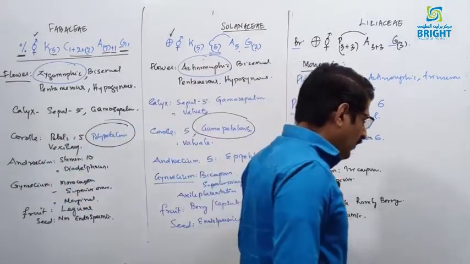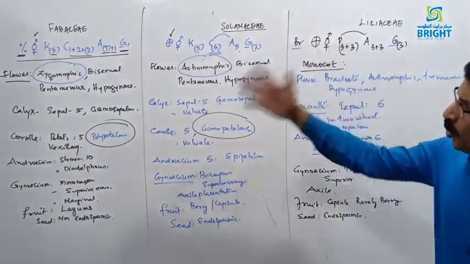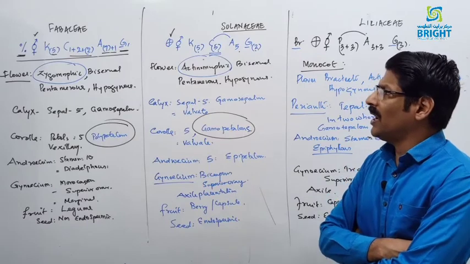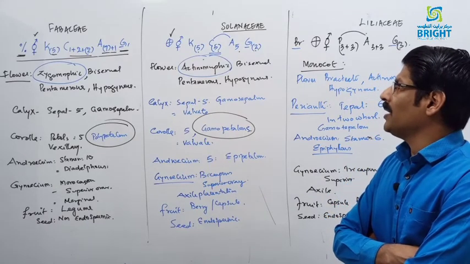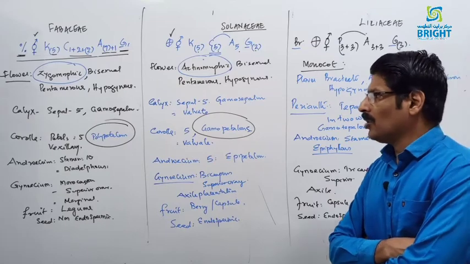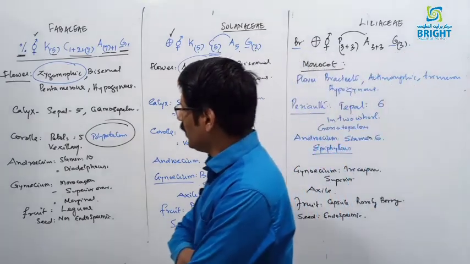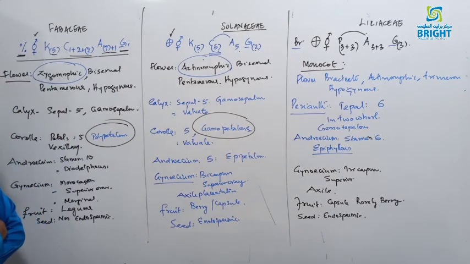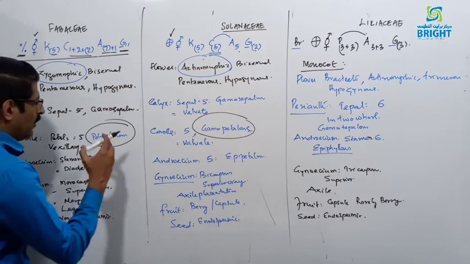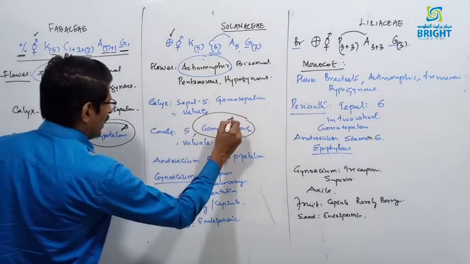And when we are comparing these two dicot families, Fabaceae and Solanaceae, Fabaceae is zygomorphic but the Solanaceae is actinomorphic. And the corolla of Fabaceae is polypetalous, but the corolla or petal of the Solanaceae family is gamopetalous. So this is polypetalous and this is gamopetalous.